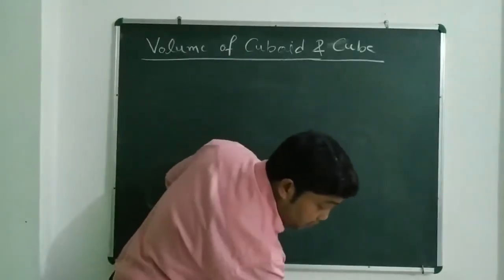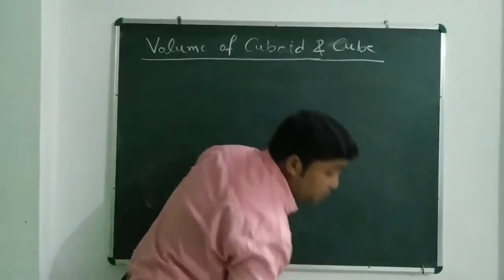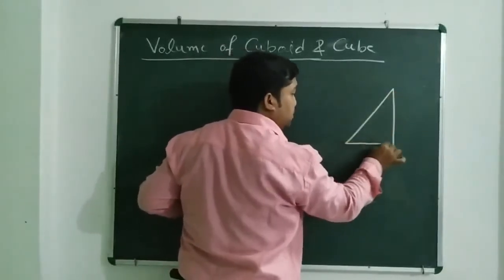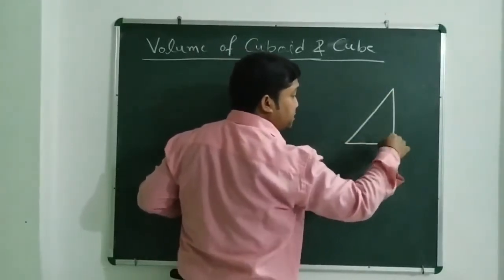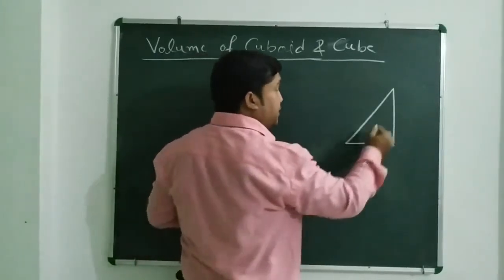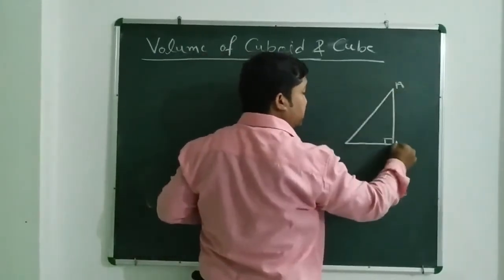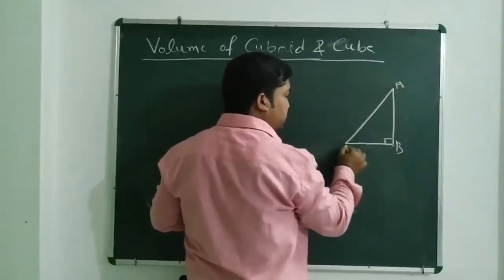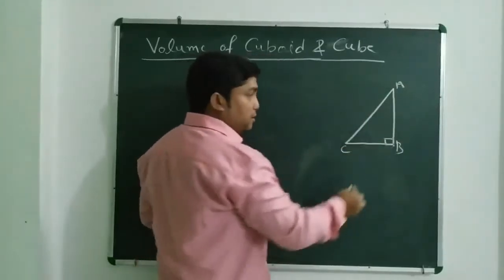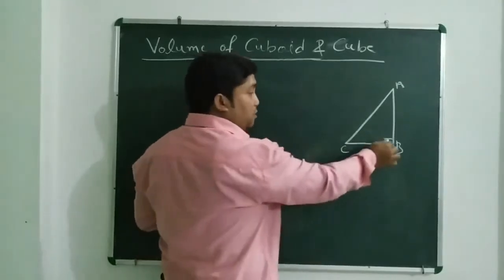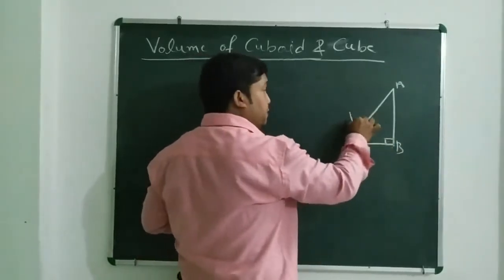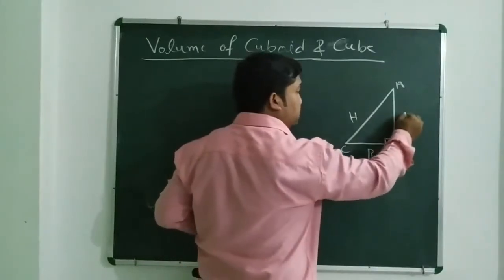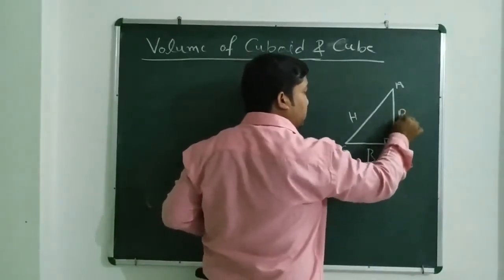You all know that according to the Pythagoras theorem, in a right angle triangle, in which one angle is 90 degrees, in triangle ABC with vertices A, B, C, in front of the 90 degree angle we have the hypotenuse, then the base and the perpendicular.